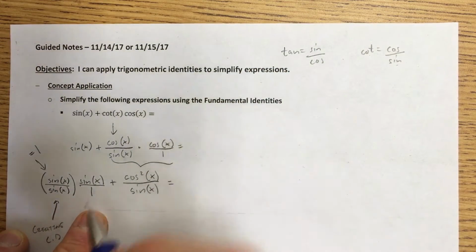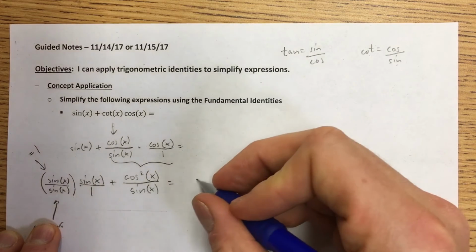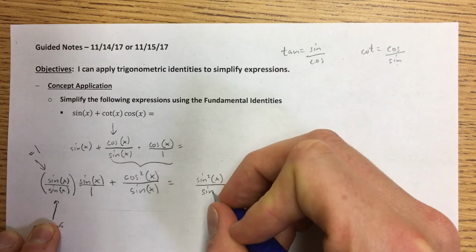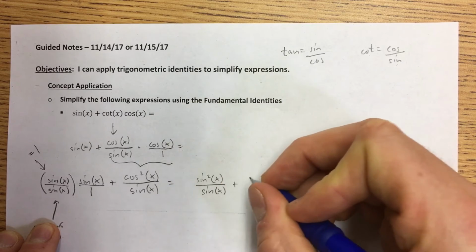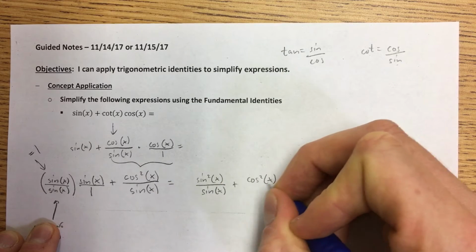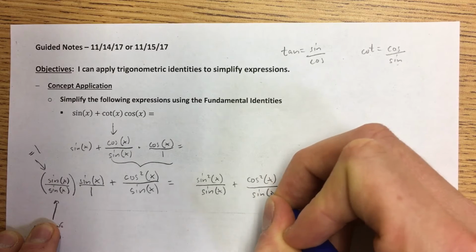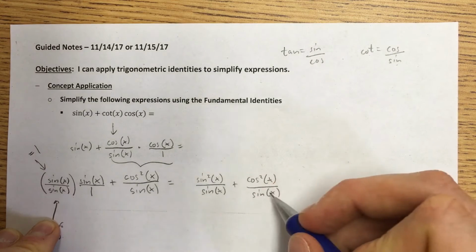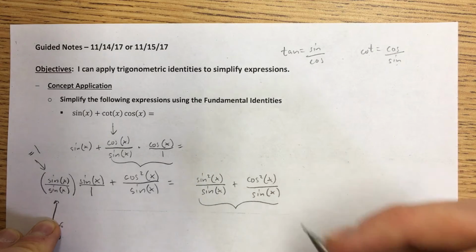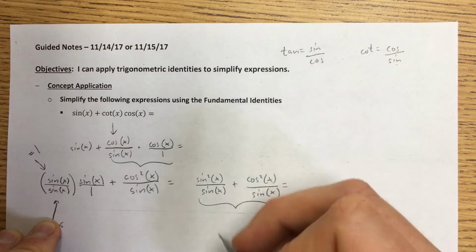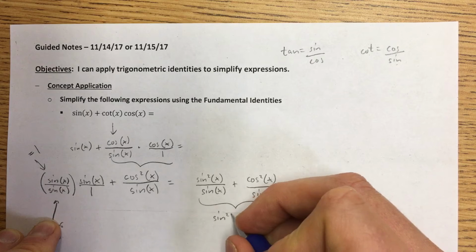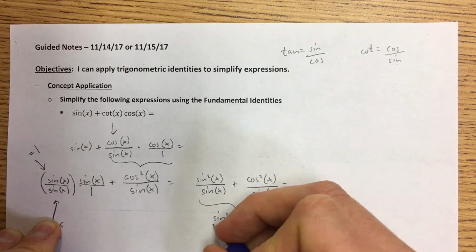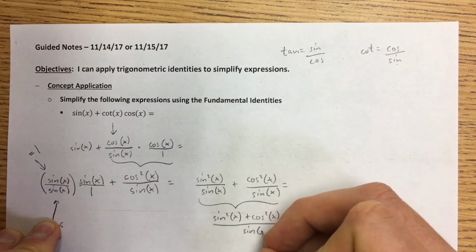Now, if we were to do this, sine times sine gives us sine squared over sine plus cosine squared. Now we have a common denominator. We can add these fractions. We do that, you add the numerators, but they're not like terms. So we can just write that as sine squared plus cosine squared all over sine.